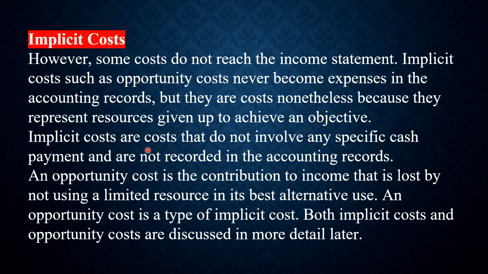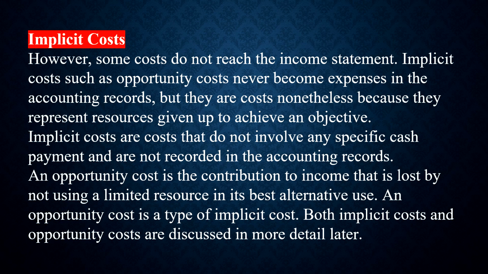Implicit costs are costs that do not involve any specific cash payment and are not recorded in the accounting records. An opportunity cost is the contribution to income that is lost by not using a limited resource in the best alternative use. Opportunity cost is a type of implicit cost. Both implicit cost and opportunity cost are discussed in more detail later.